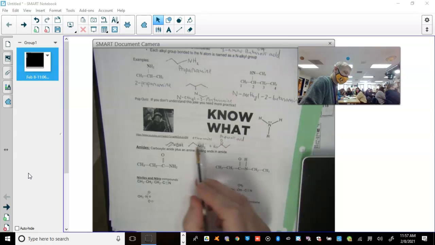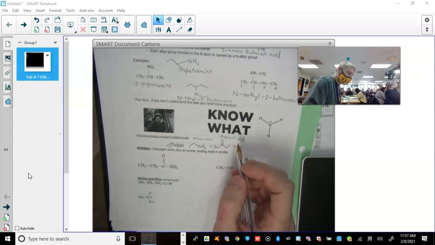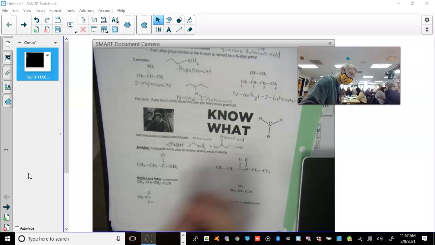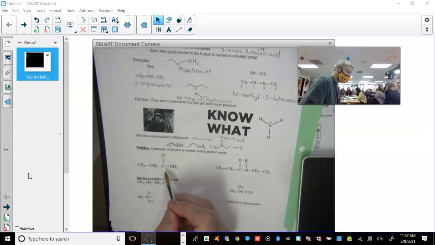So we got propanoic acid plus ethanamine. They're going to react to form two things. In this case, let's see, do I have the functional group? The functional group of an amide is a carbonyl group with an NH2 connected to it.